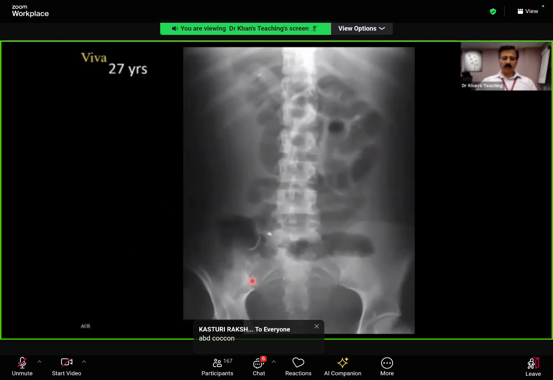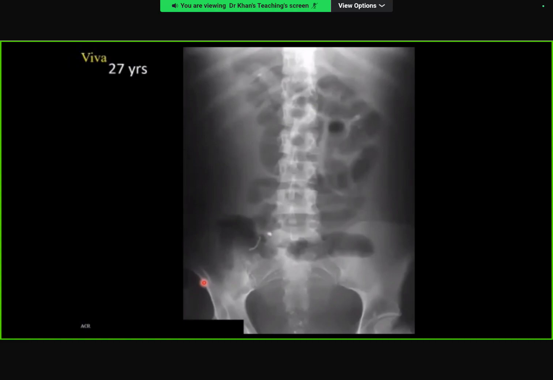What comes to your mind? So it's just a small bowel obstruction, which is in the center of the abdomen. And what else? No, I'm not getting that. I'll take over. Don't worry.